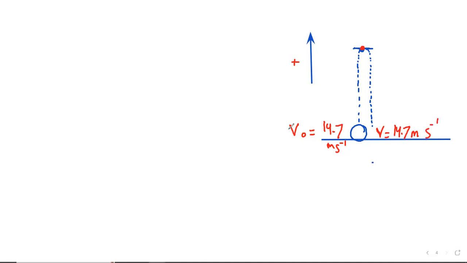But what is the difference between V initial and V final? They are the same in magnitude, but they are different in the direction. Because the direction of the V initial is upwards, in the same direction as the positive sense, V initial is 14.7.